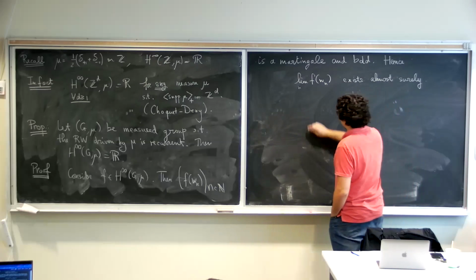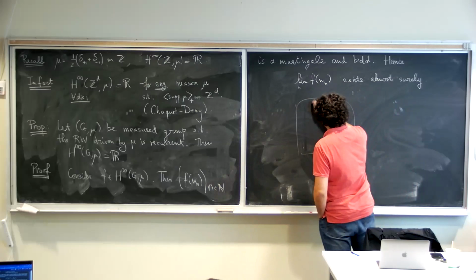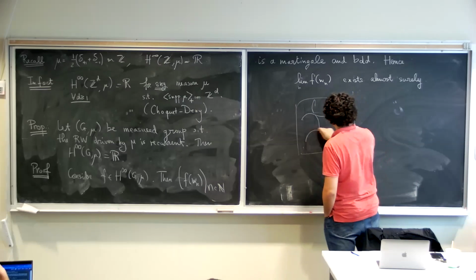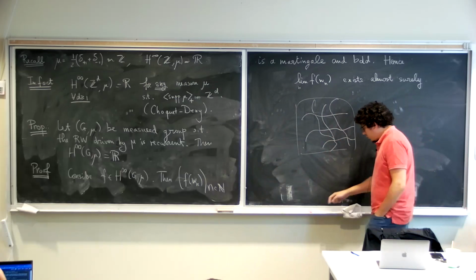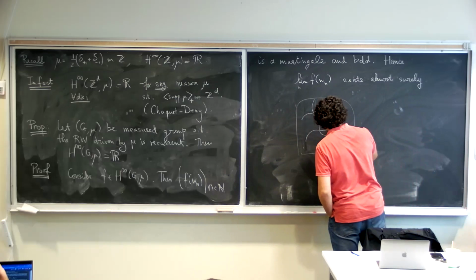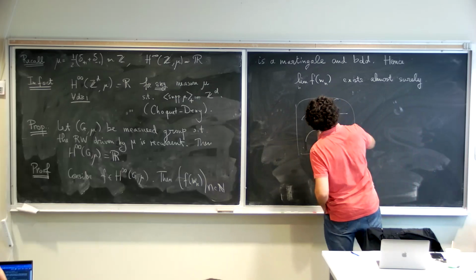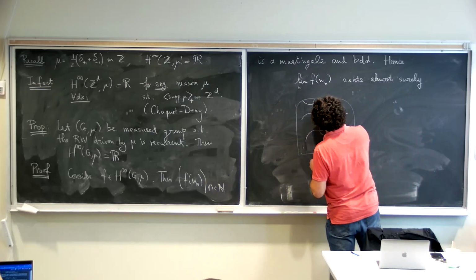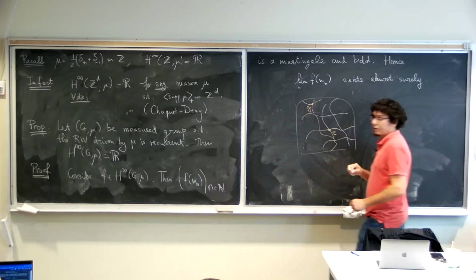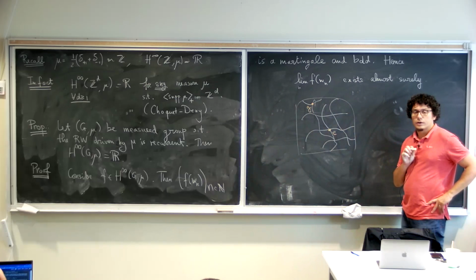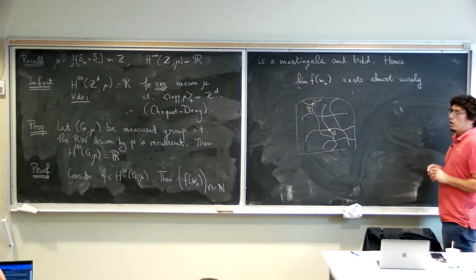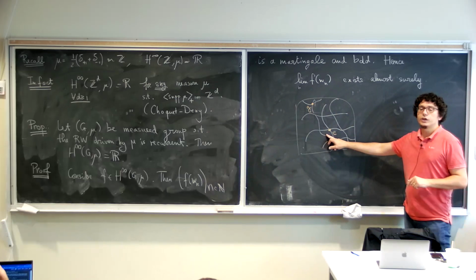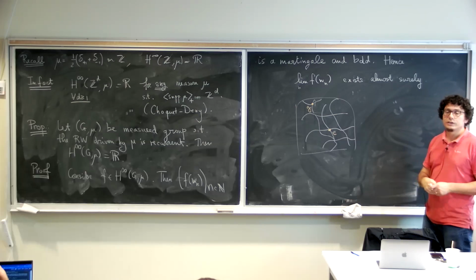But now we want to use the fact that this is a recurrent walk. We pick two points, e and another element g. The walk will almost surely visit e infinitely often, and almost surely visit g infinitely often.